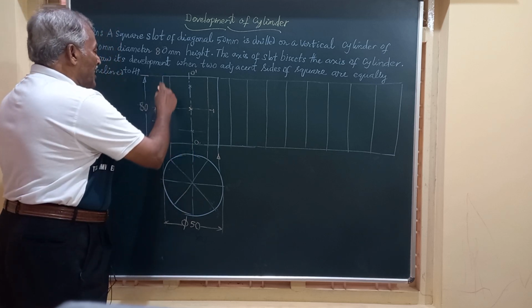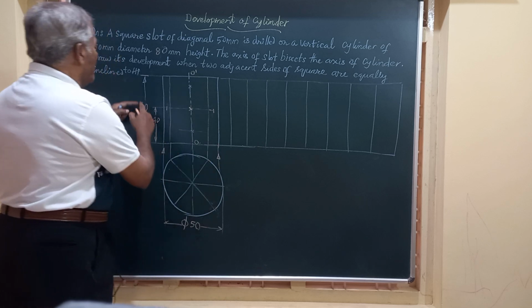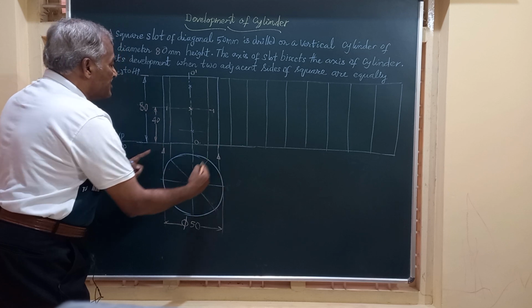So friends, I have drawn the front view of the cylinder: a rectangle of height 80 and width equal to 50 mm. That's the diameter of the circle.